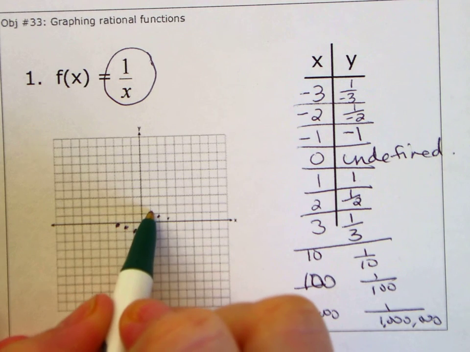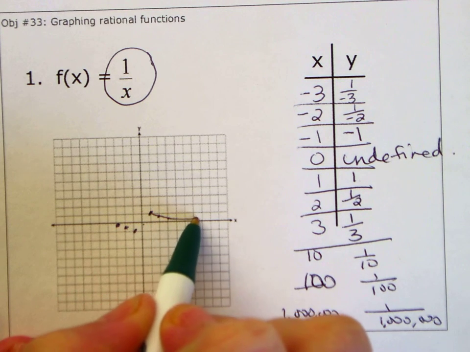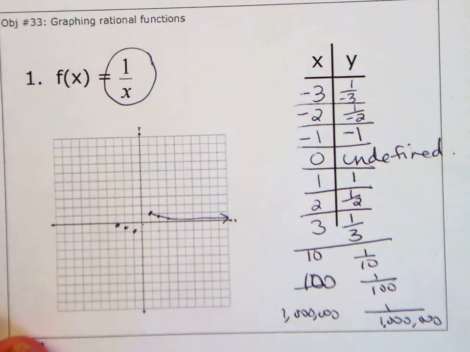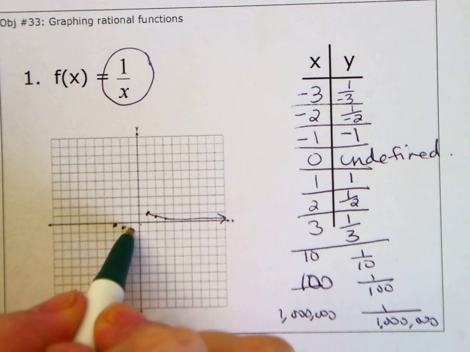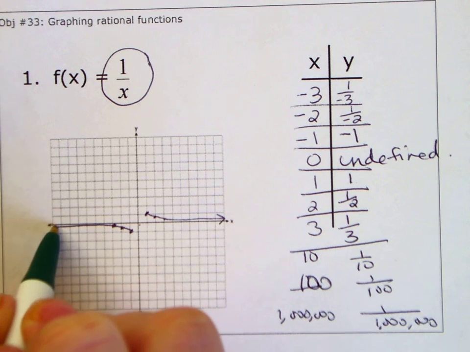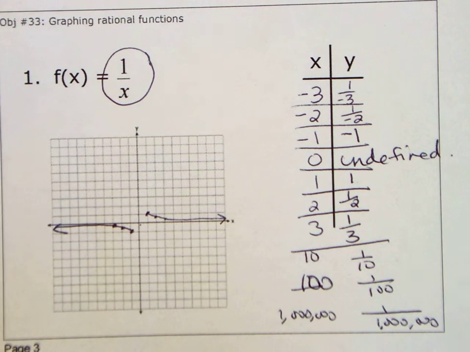So it's getting really close to the x-axis, but it's never going to cross it. It never can cross it because you're never going to get 0 when you divide 1 over something. And the same thing's happening this way. It's getting really close to 0, but it's never going to reach it. So it kind of just skids along the x-axis.